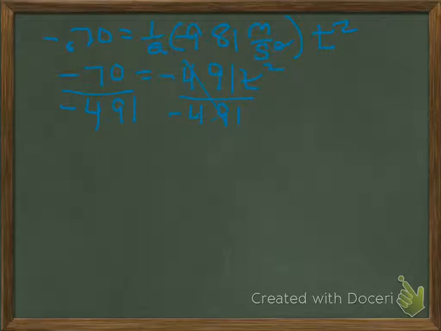That gives me 0.143 equal to my time squared. Square root both sides, and my time is then equal to 0.378 seconds.